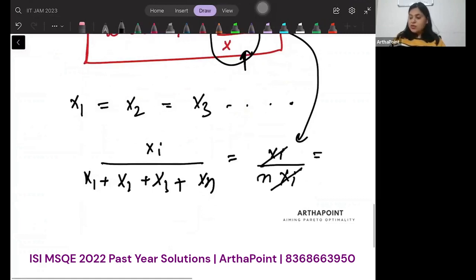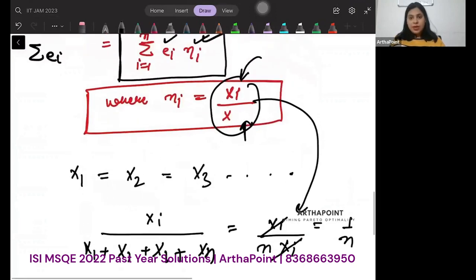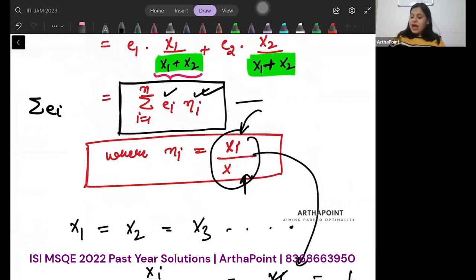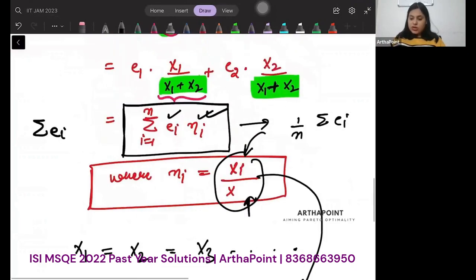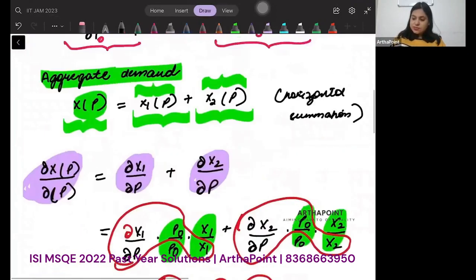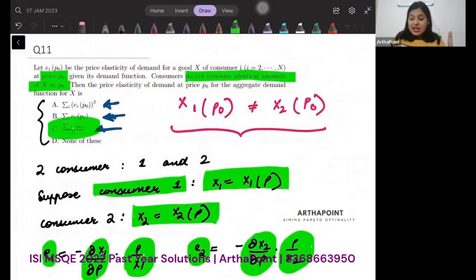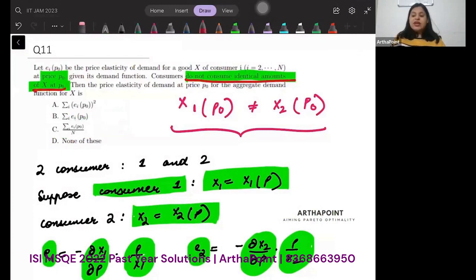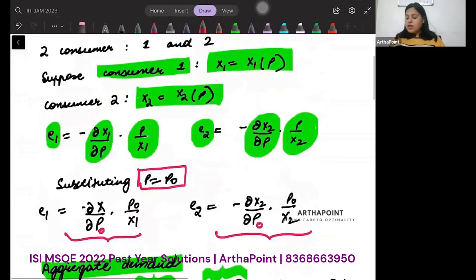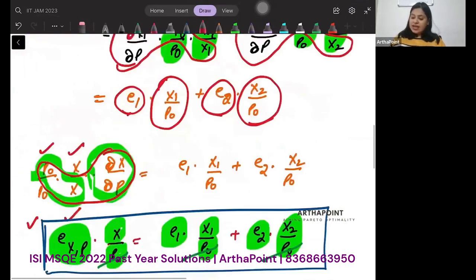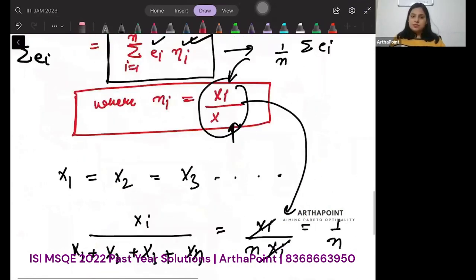And this would have cancelled out and I would have been left with 1 by n. So in that case, I would have got this generalized formula. But in the question, they clearly mention that consumers do not consume identical amounts. So I cannot generalize it in that way. So the answer will be none of the above. The maximum generalization I can go to is this. Okay.